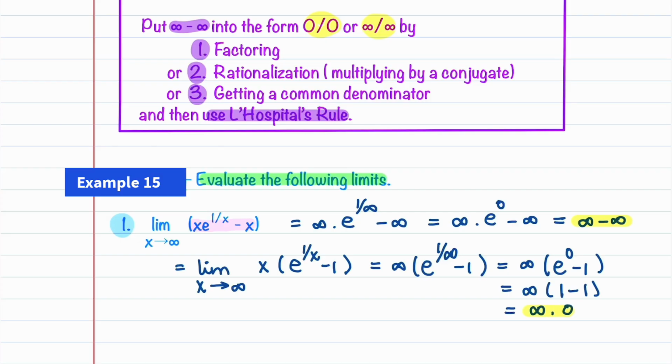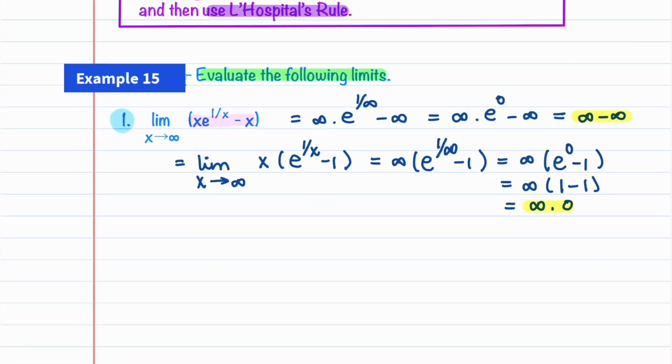This is an indeterminate form. It's not 0 over 0 or infinity over infinity, so we have one more step to do before we can use L'Hopital's rule. What we have to do is rewrite this limit in such a way that we get 0 over 0 or infinity over infinity.